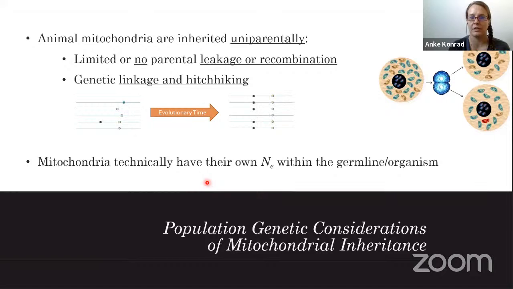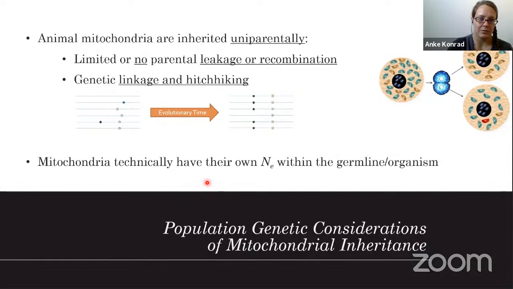And of course, these haploid genomes are inherited uniparentally, at least in animals, with very limited leakage and usually no recombination, which means that the variants within a mitochondrial genome are usually linked, and a deleterious variation may hitchhike with a beneficial one, or vice versa, whatever the case may be.